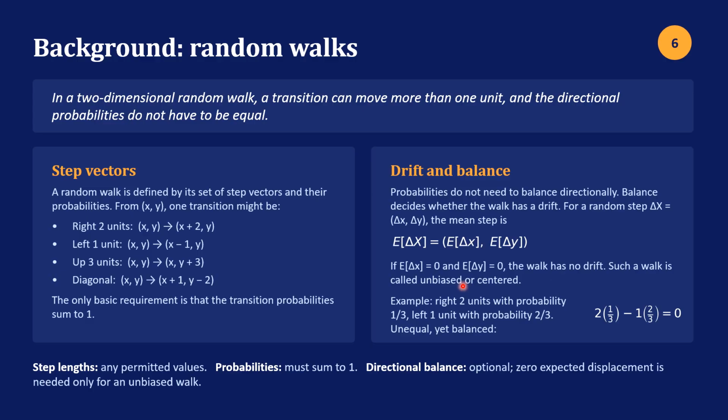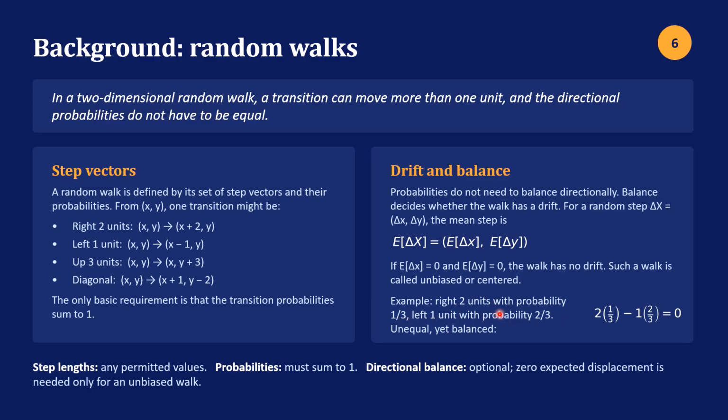Then I have an example here where you have a balance, but this is just in a one-dimensional random walk where you can only go left or right. And you can go right 2 units with probability 1/3, and left 1 unit with probability 2/3.